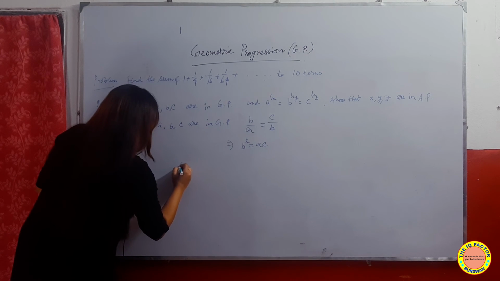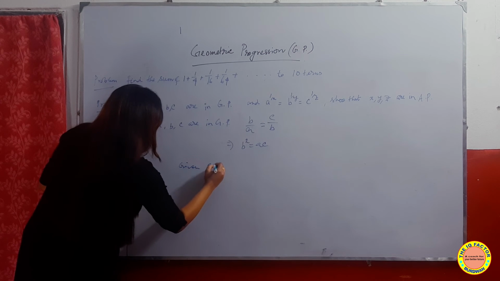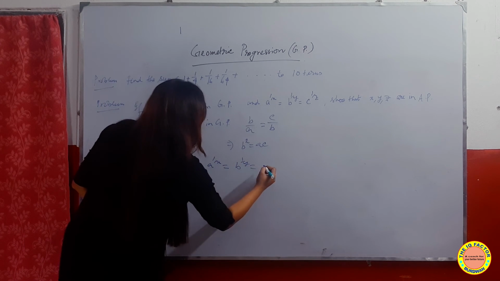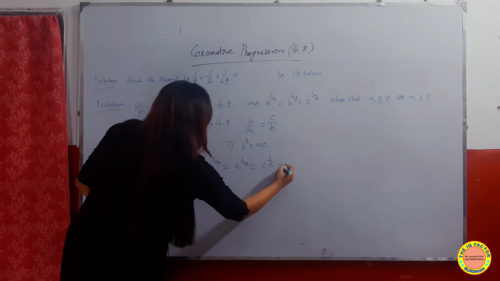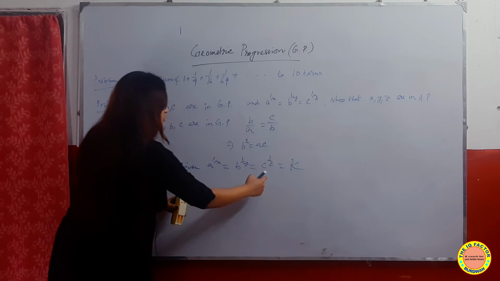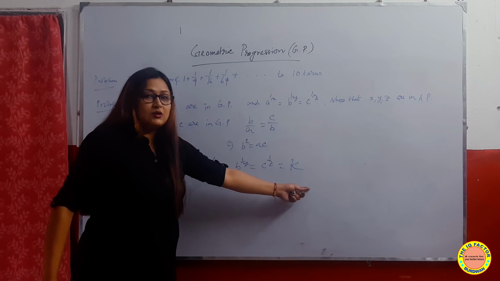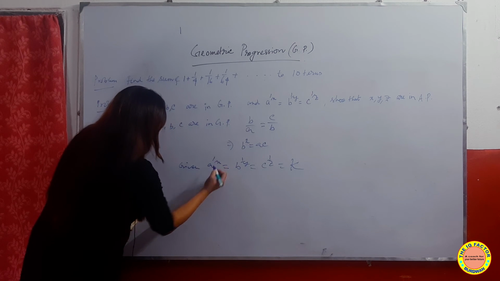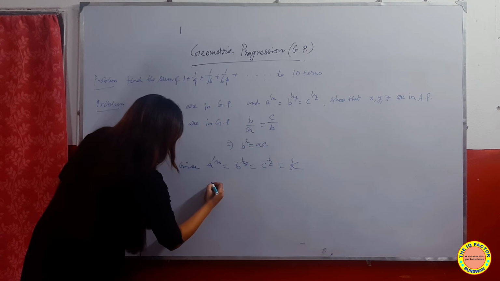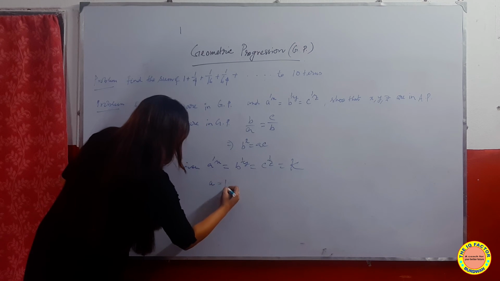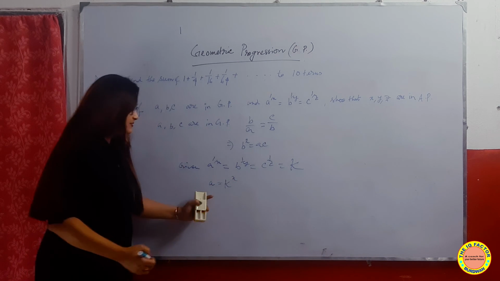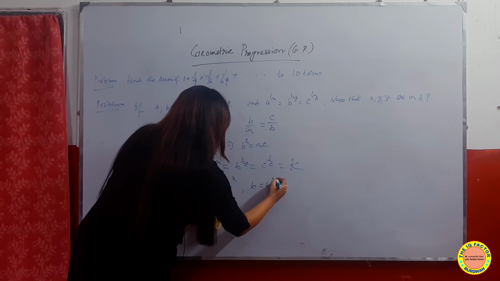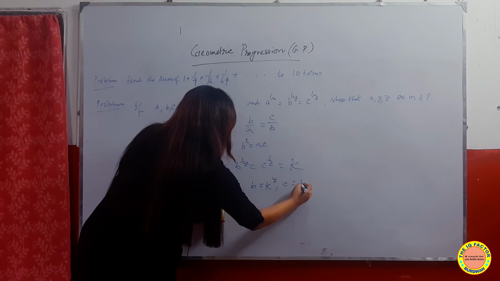So all are equal, so we can equate them to a constant k. So a is k to the power x, b is k to the power y, and c is k to the power z.